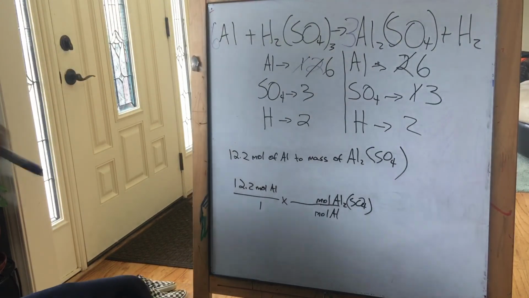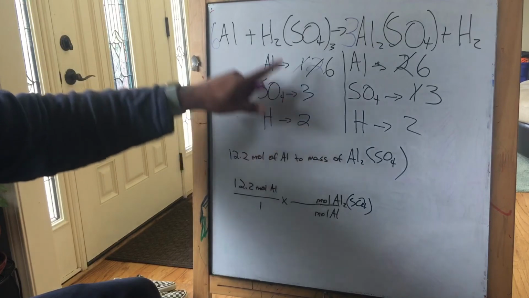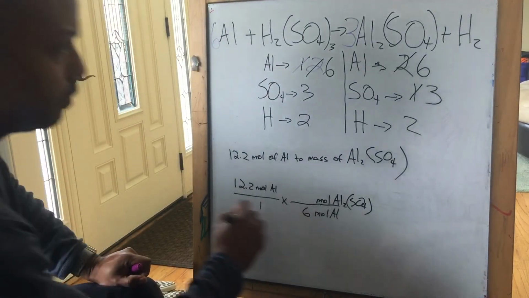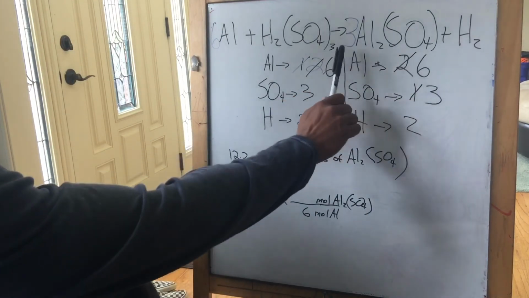All right, so now we need to look at our molar ratio. We have a coefficient of 6 for aluminum. And what's our coefficient for aluminum sulfate? 3.